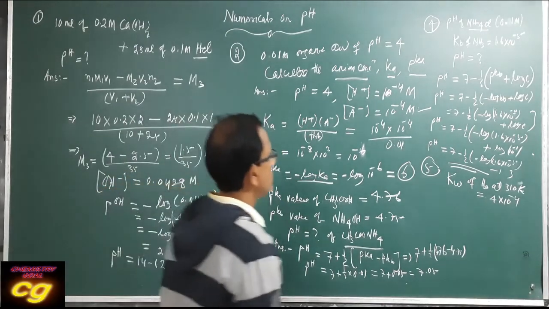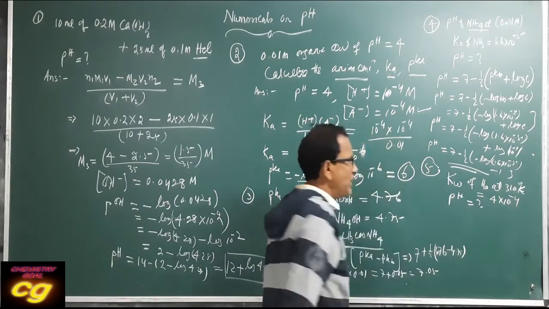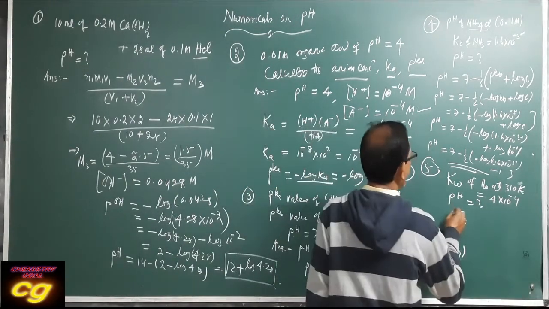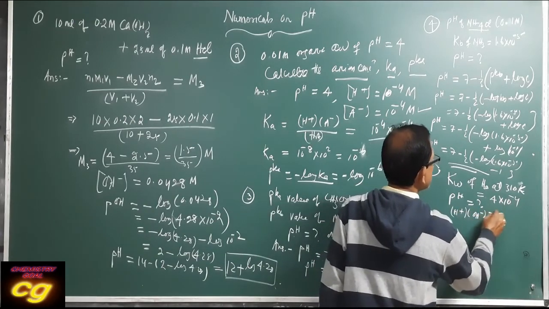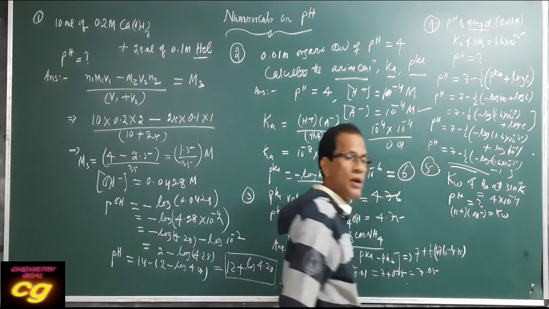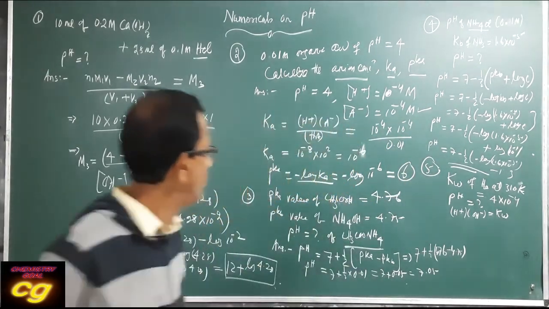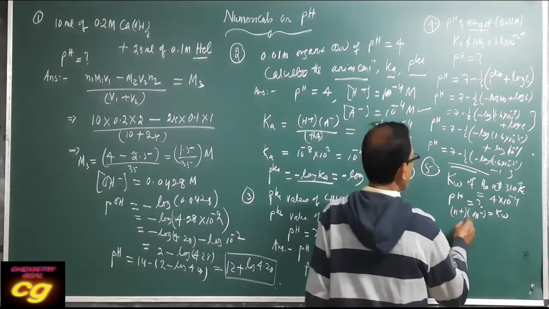But the question is, what is the pH? The Kw is given. For this water, we know the H plus ion concentration into the OH minus concentration is equal to Kw. Here in water H plus is equal to OH minus, so both are the same.